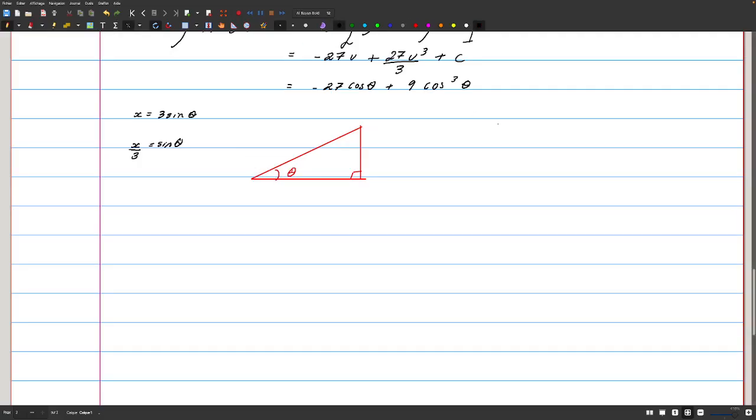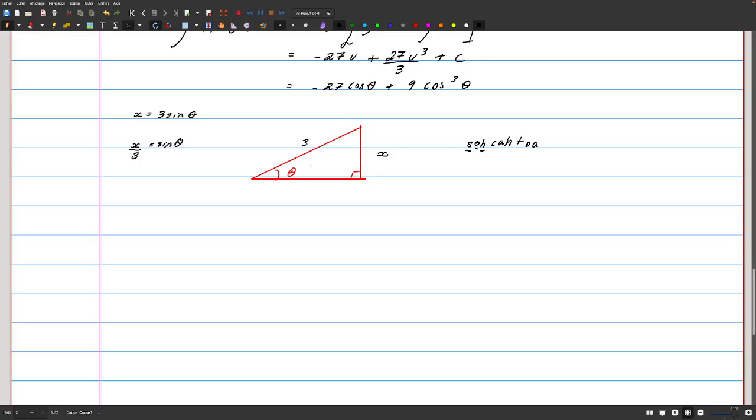If you ever heard of the acronym, which I think most of you have, SOHCAHTOA, the acronym right here stipulates that sine is just the opposing side over the hypotenuse. So if we look at the angle of sine, the opposing is x, it's on the numerator, and the hypotenuse is 3.